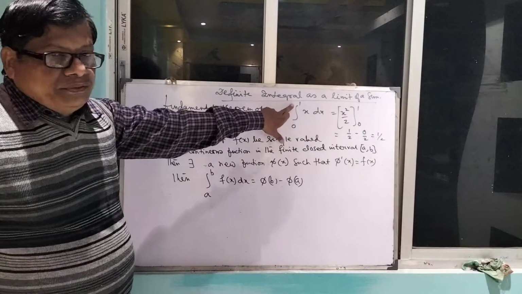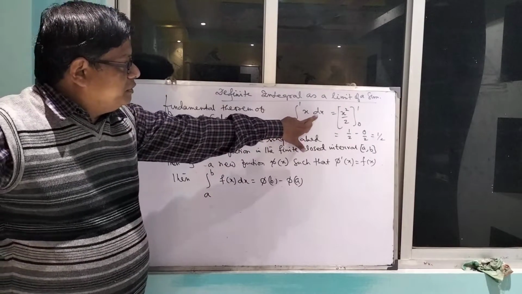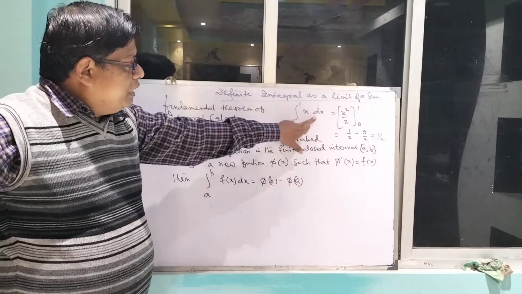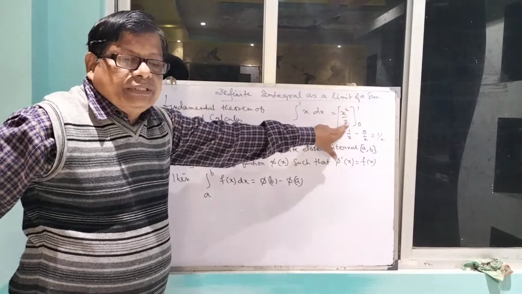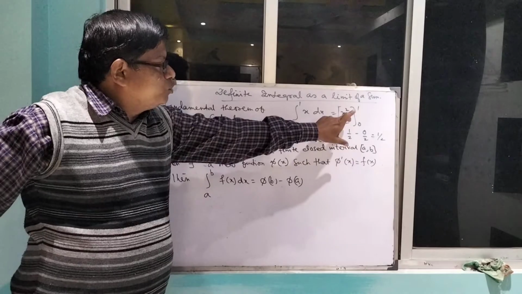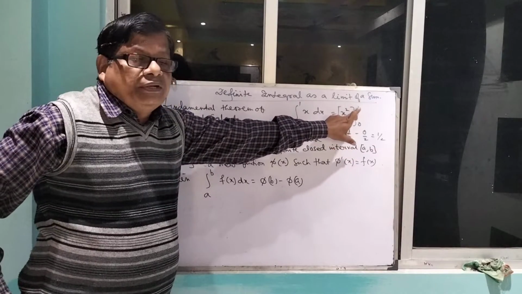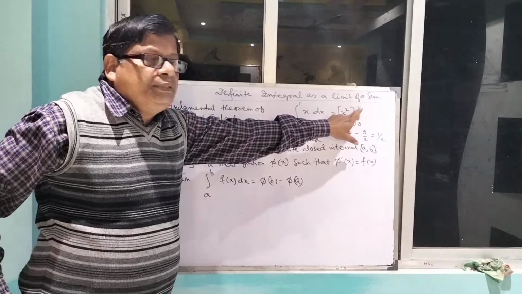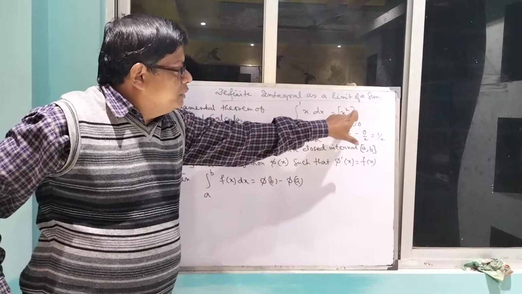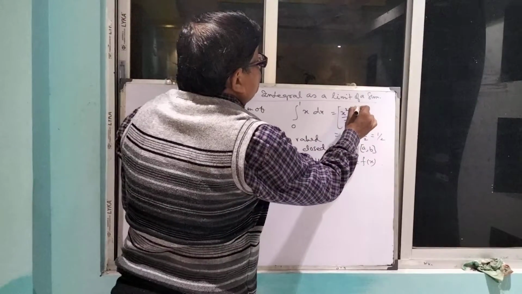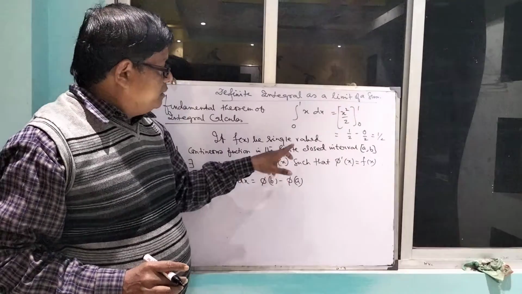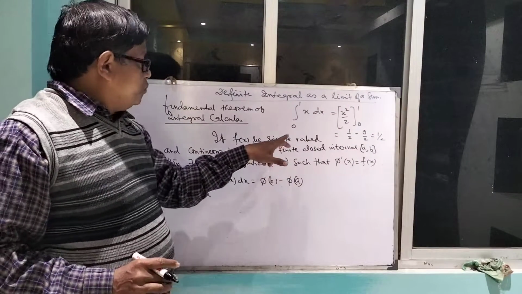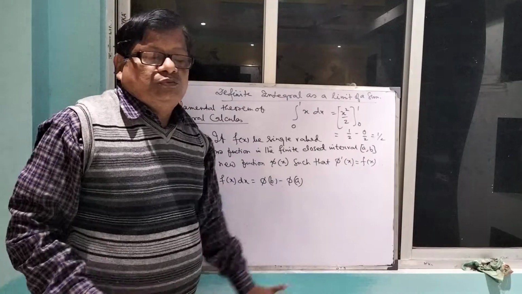So 0 to 1 x dx. As usual, you know the formula, that is integration, that is x square by 2. So 0 to 1. Here upper limit first you put, in place of x equal to 1 put 1 by 2, then minus the lower limit. Okay, this is 0 by 2.